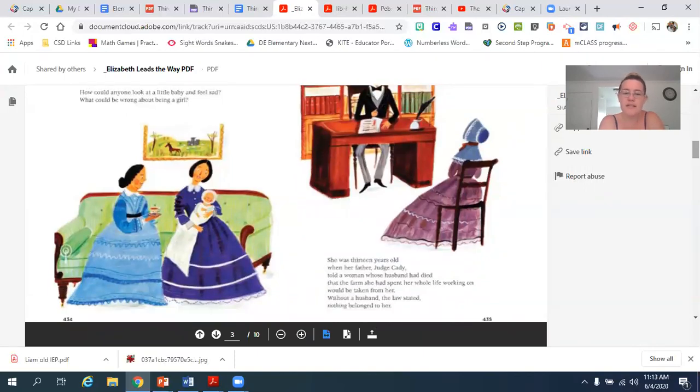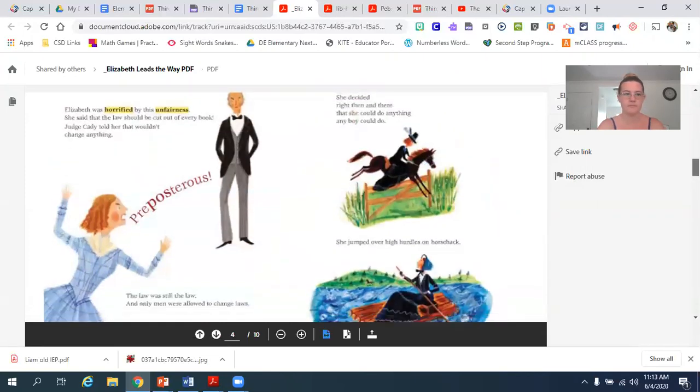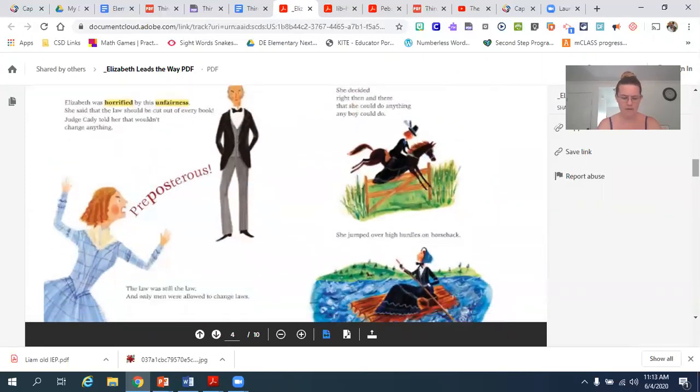She was only 13 years old when her father, Judge Cady, told a woman whose husband had died that the farm she had spent her whole life working on would be taken from her. Without a husband, the law stated nothing belonged to her. Elizabeth was horrified by this unfairness.